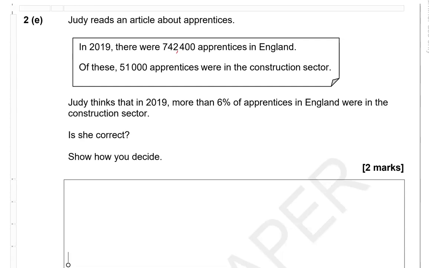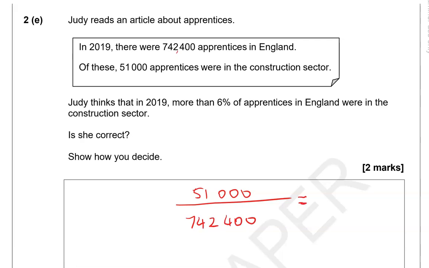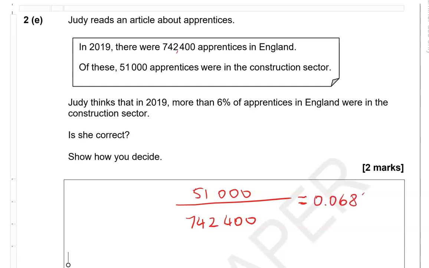So that's 51,000 that were in the construction sector out of the 742,400 that was in total. So using a calculator, we'll do 51,000 divided by 742,400, and that gives us 0.06869 and so on.